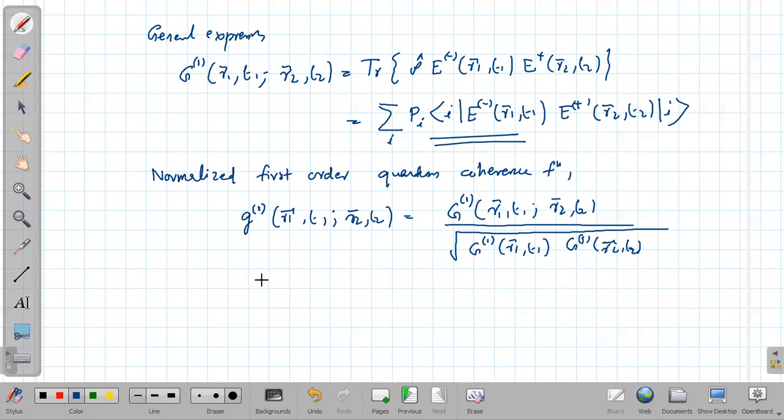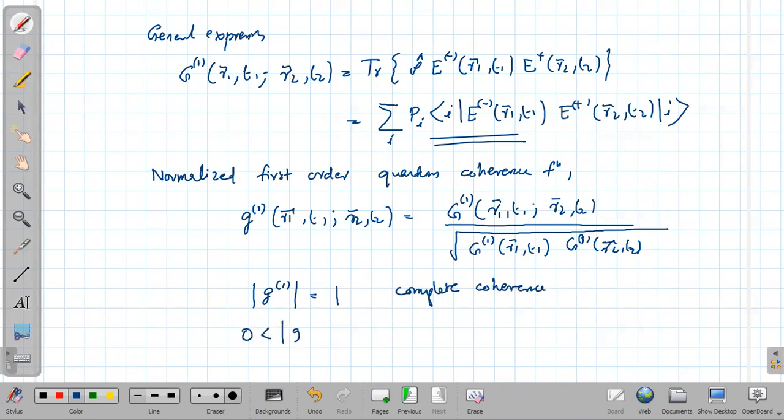Okay. Now, depending upon the magnitude of this normalized quantum coherence function, we can classify the coherence into three categories. If the magnitude of g1 equals 1, we get complete coherence, so we have a similar result compared to the classical.